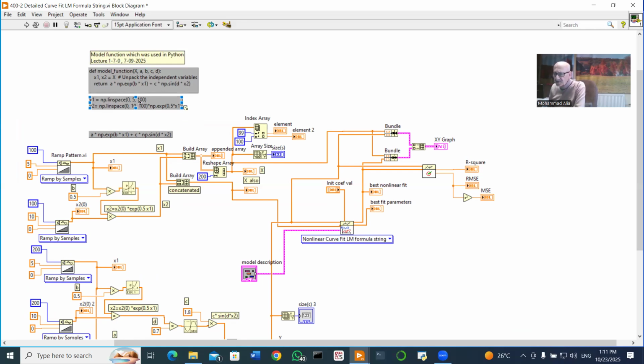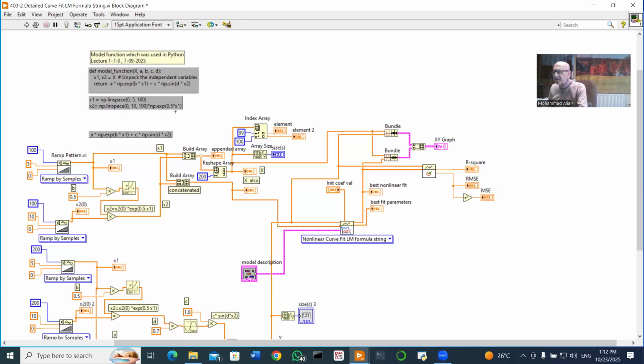These values were taken and used by us in Python. And x2 also is given as numpy linspace in the range of 0 to 10 with the same number of samples multiplied by numpy exponent of half x1.